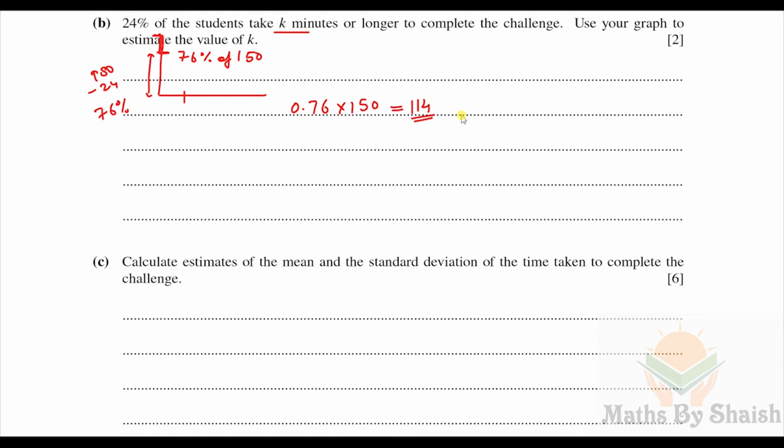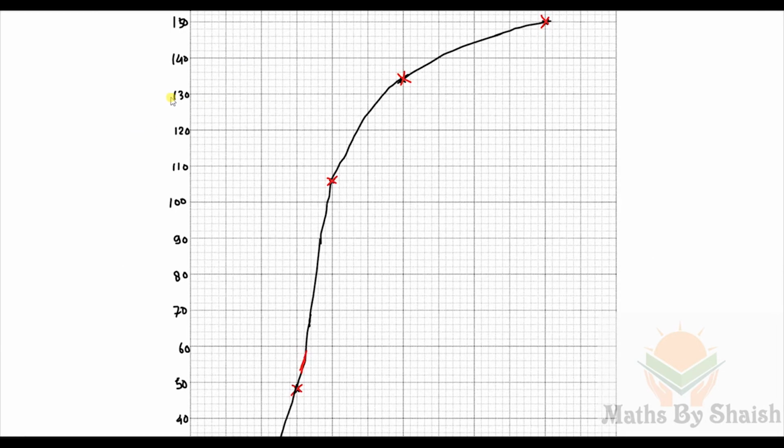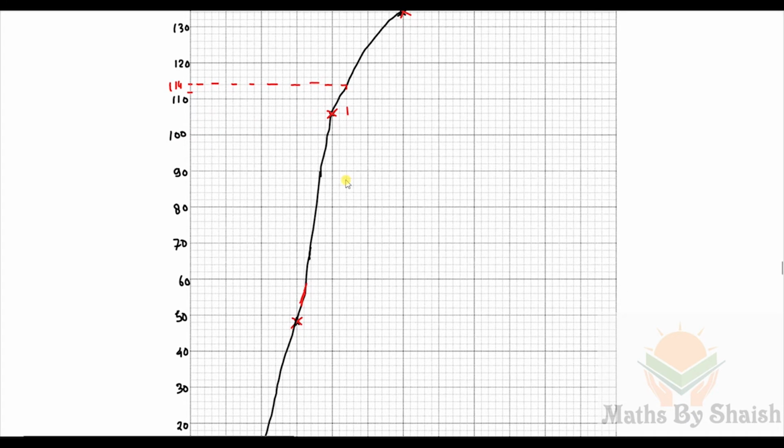So let's get back to the graph to find the value of k. So here's the graph, and of 150, the 76% is 114: 110, 112, 114. This is 114, that is 76% of the data, and we will go to the graph here and come down to get the value on the x-axis.